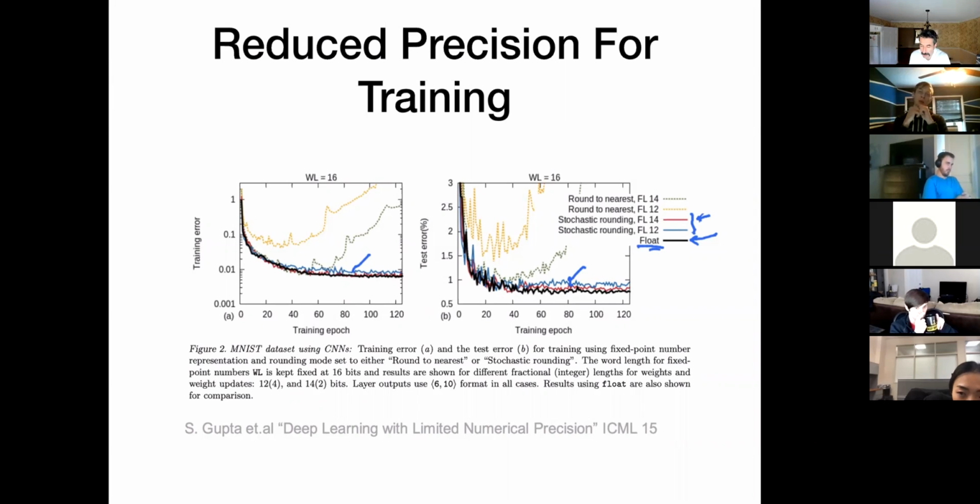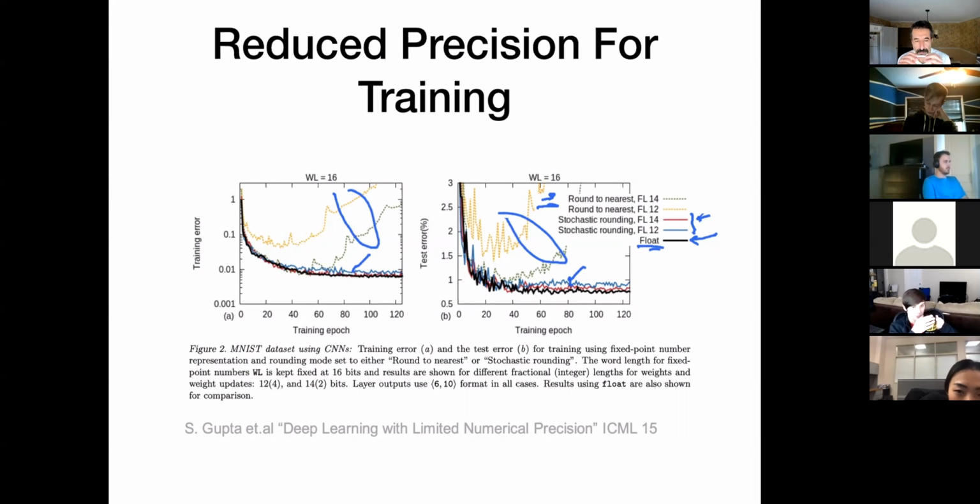But if you don't use stochastic rounding, as for example here, then during training it won't converge, right? It diverges because of the reason that I mentioned, because you don't learn anything new when you do this training of your network.